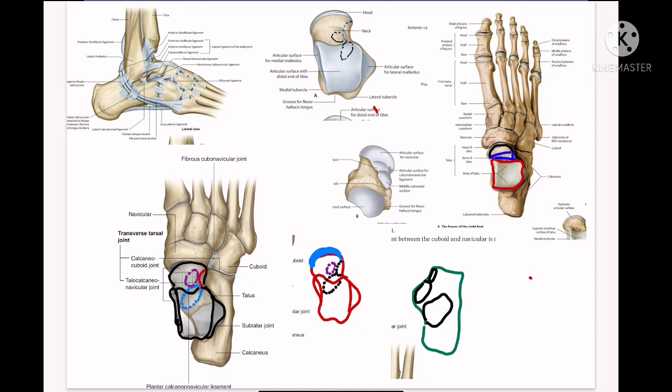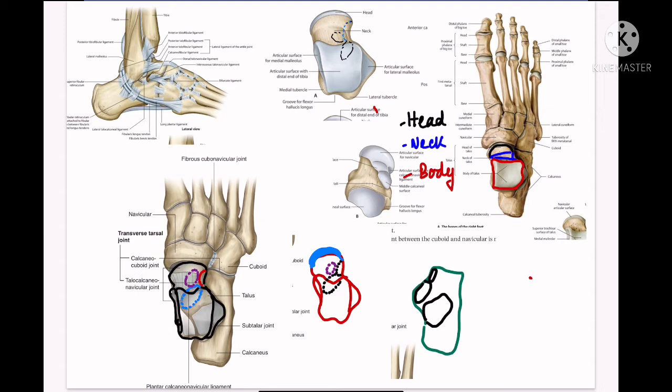So it has got three parts: head, neck and body. Three parts. First we will talk about the head.